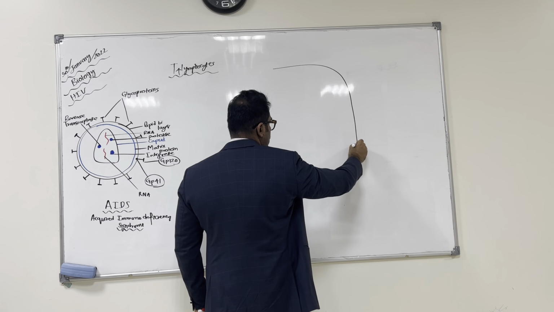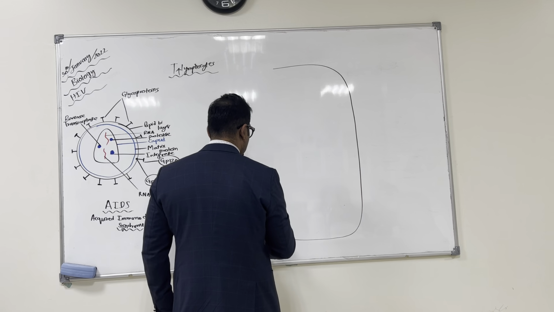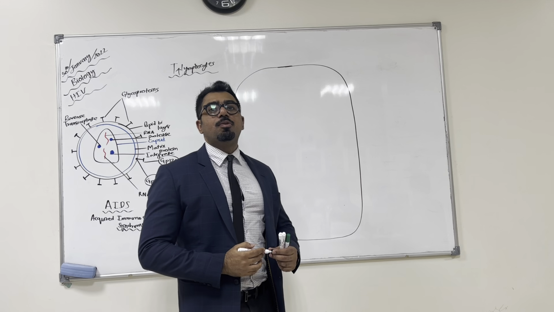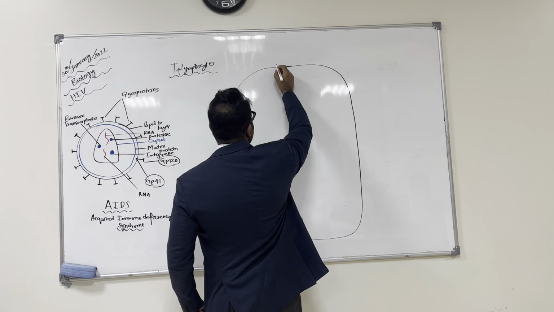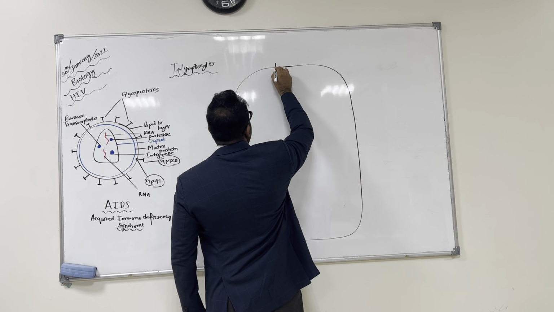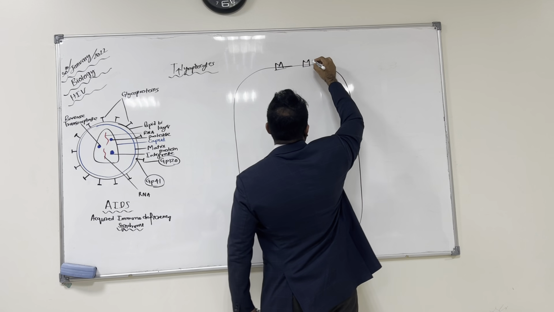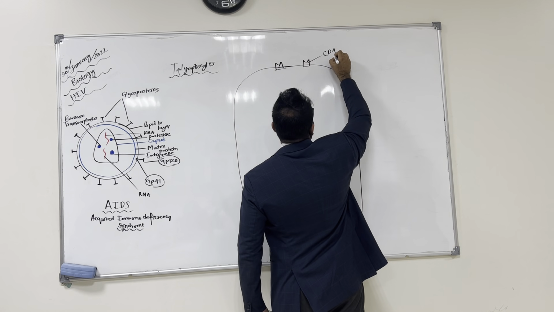Now, boys, let's suppose this is a T4 lymphocyte. We are going to learn the whole cycle in this diagram, right? And on the T4 lymphocyte, let's suppose these are special receptors which are called CD4 receptors.